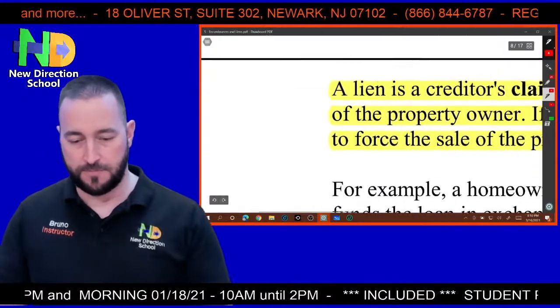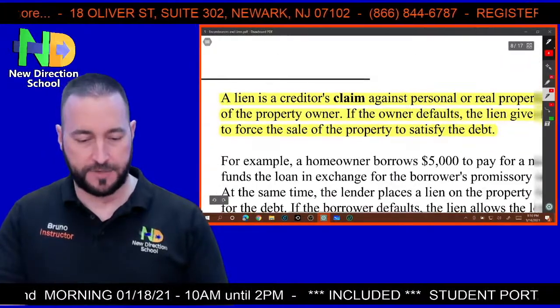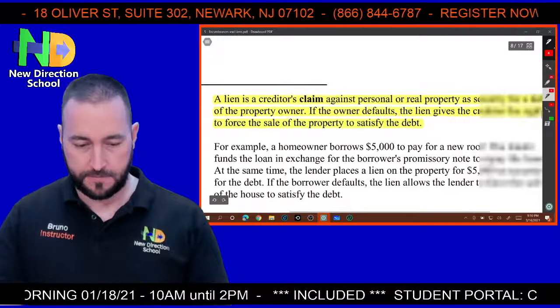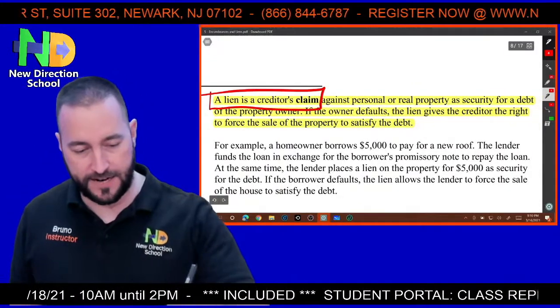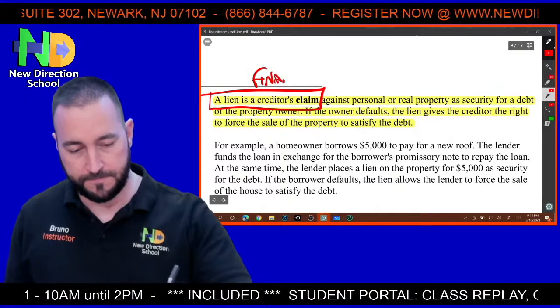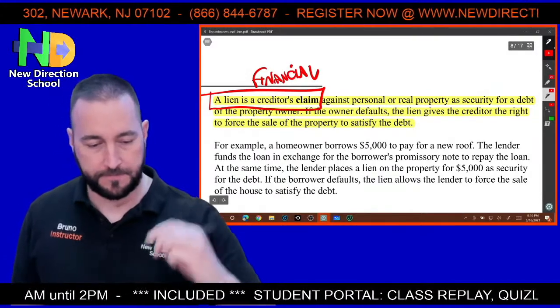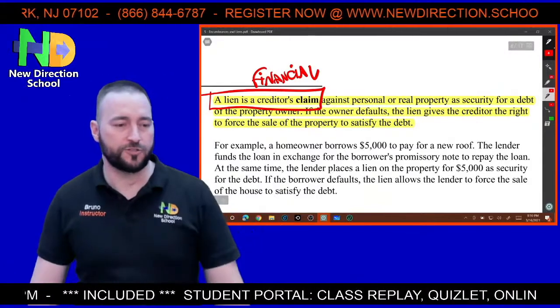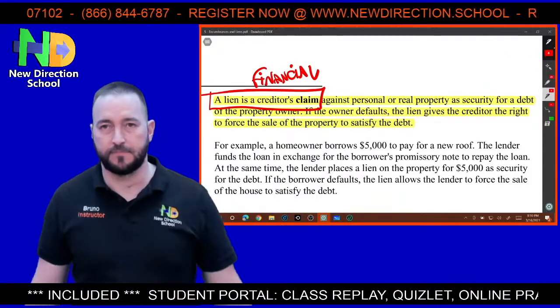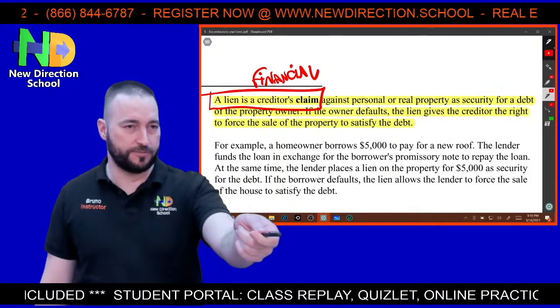We're going to talk about money. Claims against your property. A lien is a creditor's claim or a financial claim against the property. Used as security, as we said before, right?